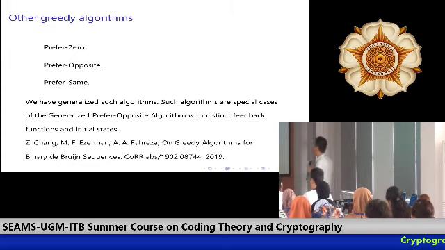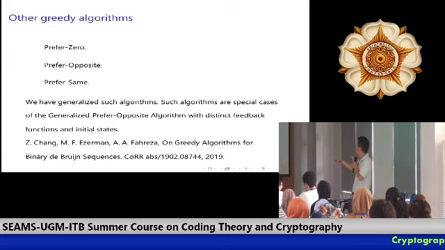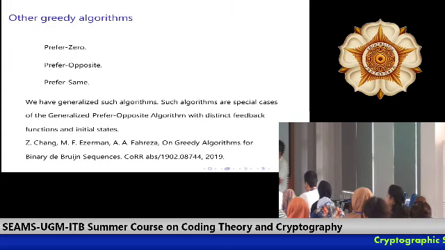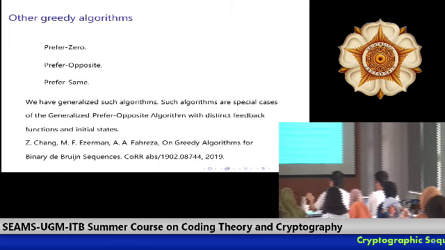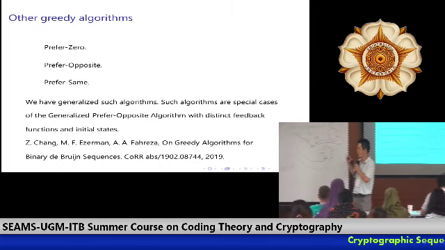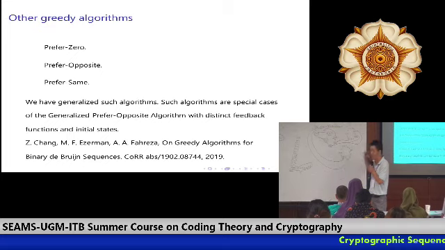Okay. Prefer opposite. That means if the last bit is 0, we prefer 1. And if the last bit is 1, for the next bit we prefer 0, the opposite.